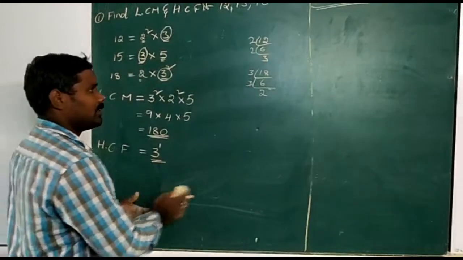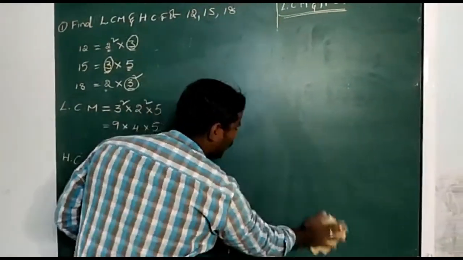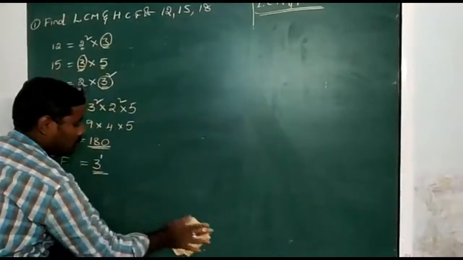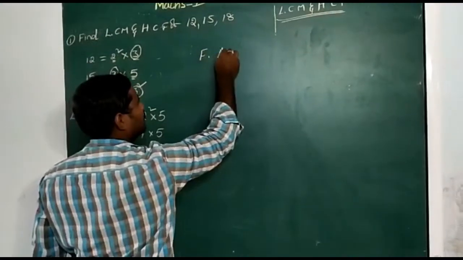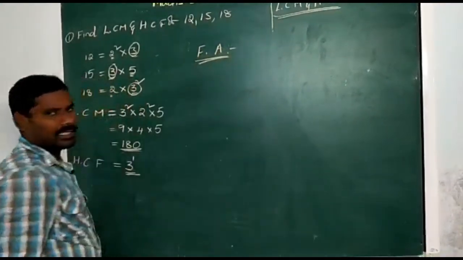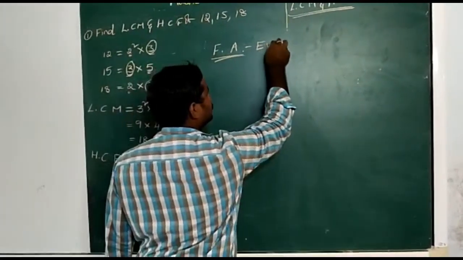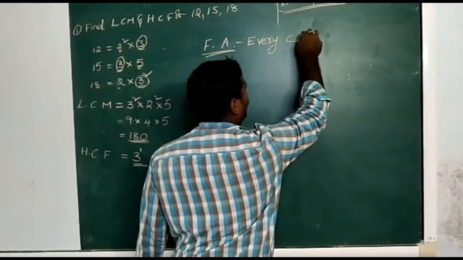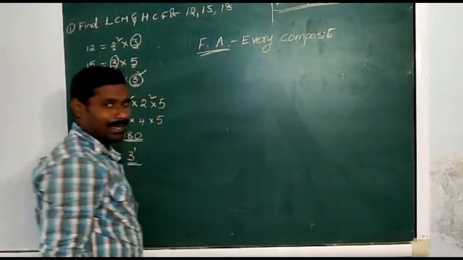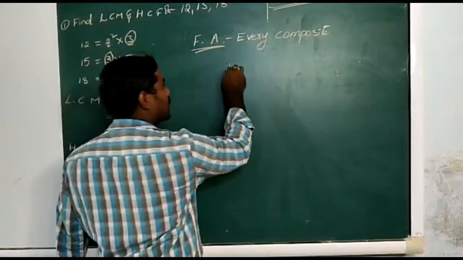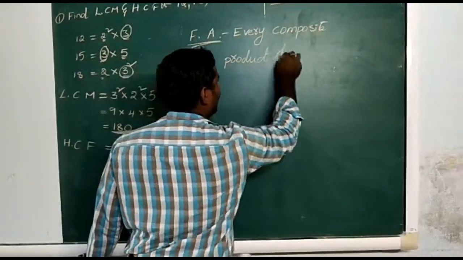Now I am going to the prime factorization of composite numbers. Before going to composite numbers, the fundamental theorem of arithmetic. What is the fundamental theorem of arithmetic?